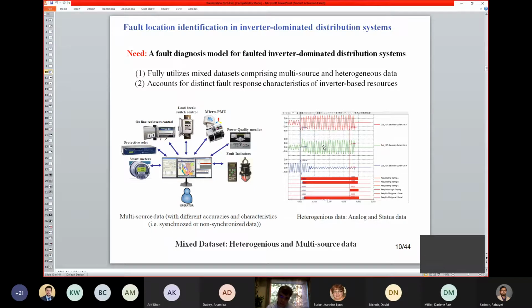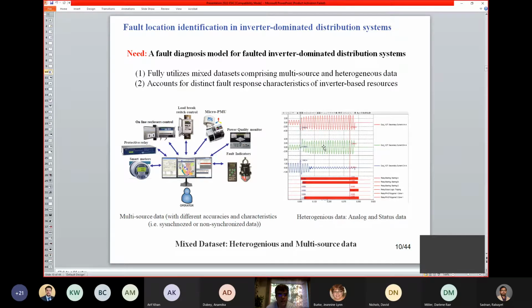By that, I mean we have analog or oscillatory data, which means voltage and current measurements. We have status data, which could be fault indicators, logs of the protection devices, and so on. So basically you have continuous and discrete data, and also you have synchronized data and unsynchronized data.